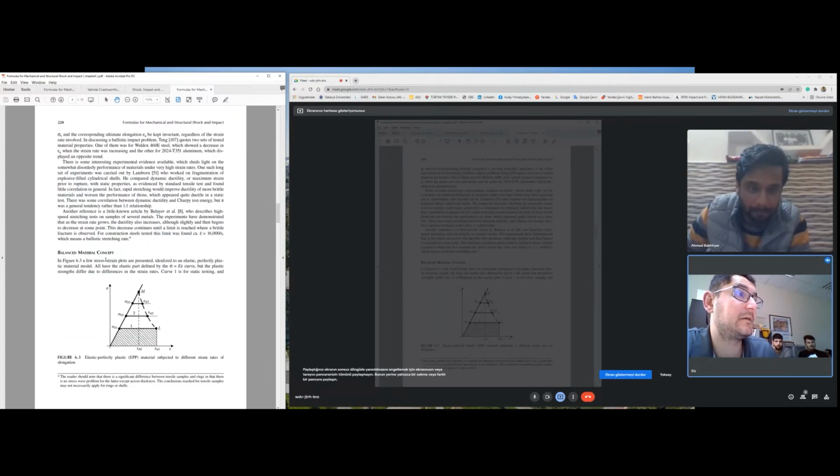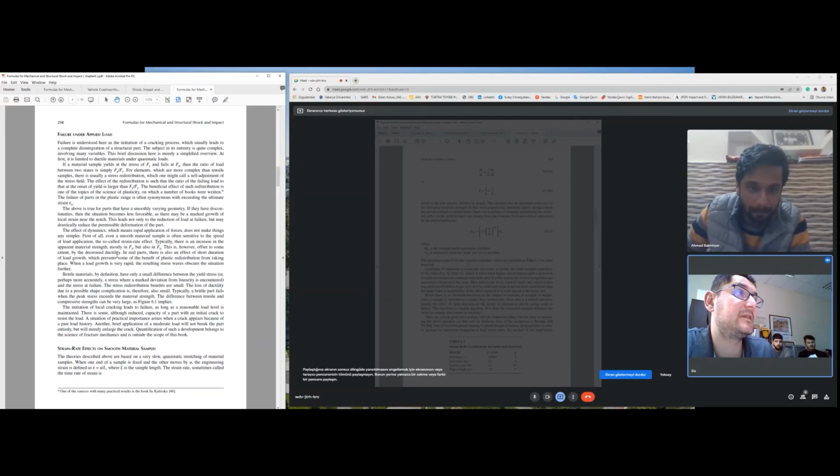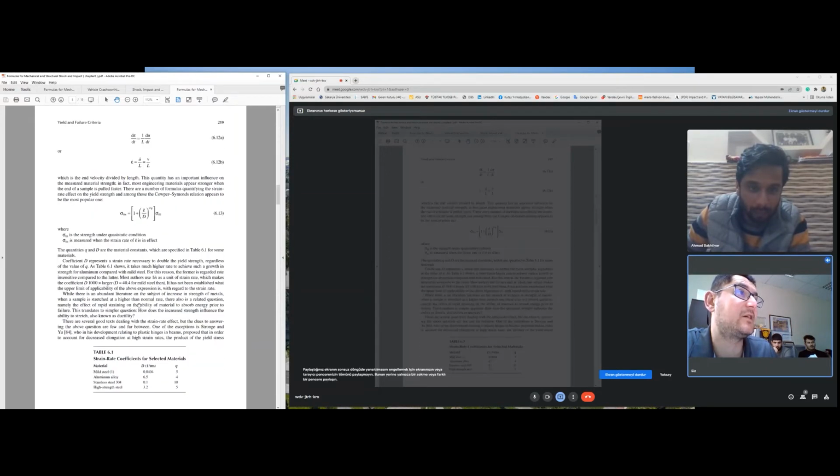But we did not use only Cowper-Symonds. Maybe the other things that you consider: material models, for example, not just material models, equation of state, Johnson-Cook model, Steinberg, Grunaisen parameters.